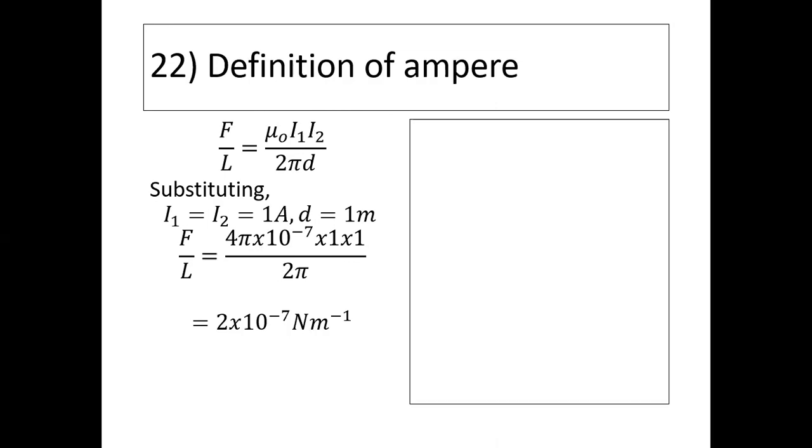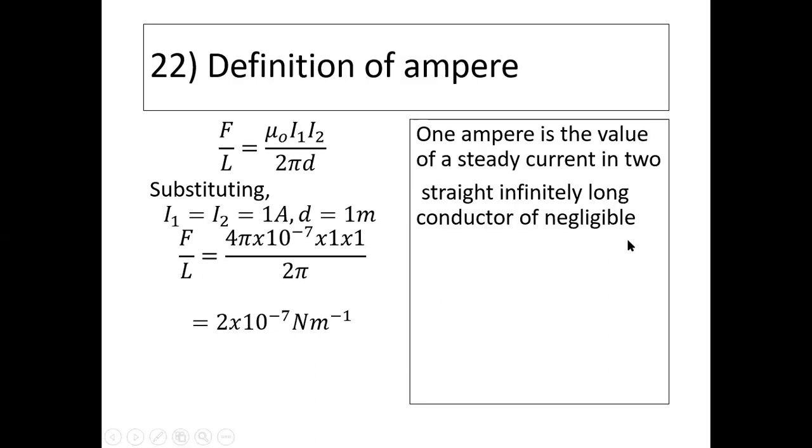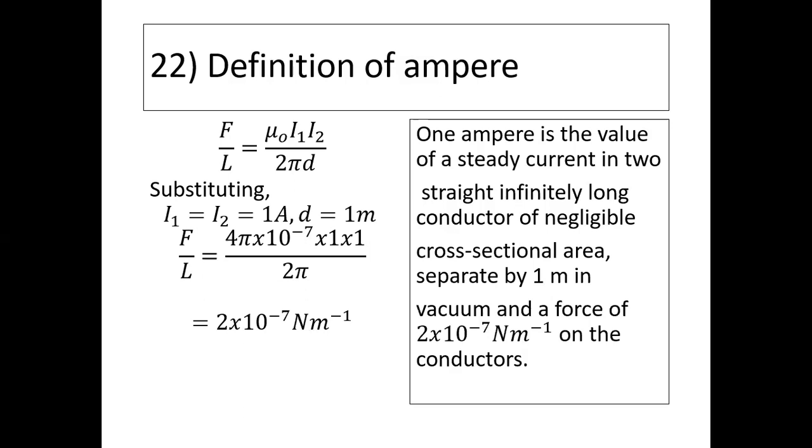So now we can define the ampere. 1 ampere is the value of the steady current in 2 straight infinitely long conductors of negligible cross-sectional area separated by 1 meter in vacuum, and it experiences a force per unit length of 2 times 10 to the power minus 7 Newton per meter. That's how we define the ampere.